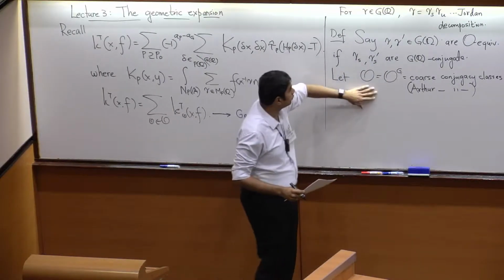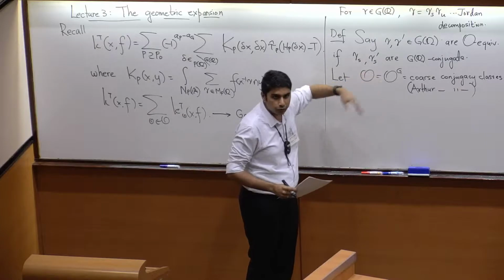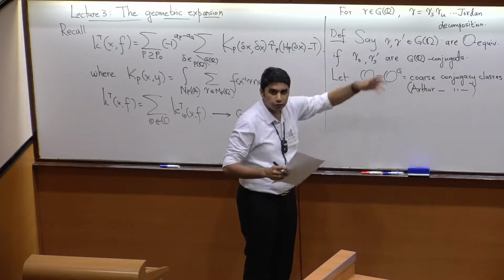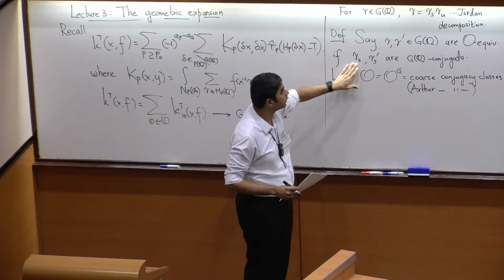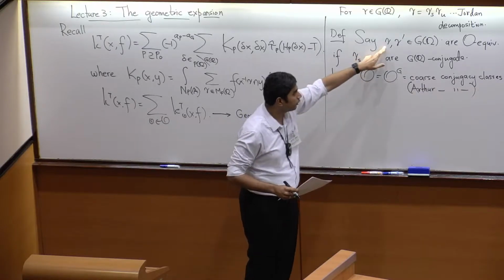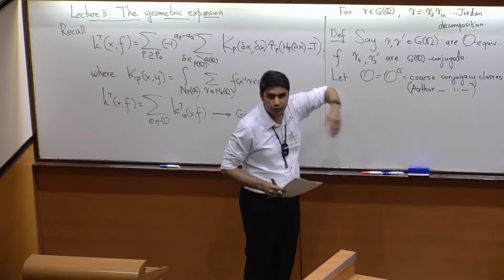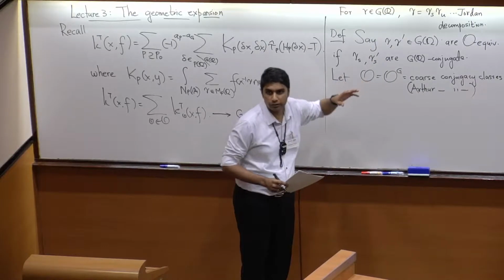In some sense, your semisimple parts have to be conjugate to each other, and you don't care about the unipotent part. For example, if one of the gamma is the identity element, you cover the set of all unipotent elements in that case.